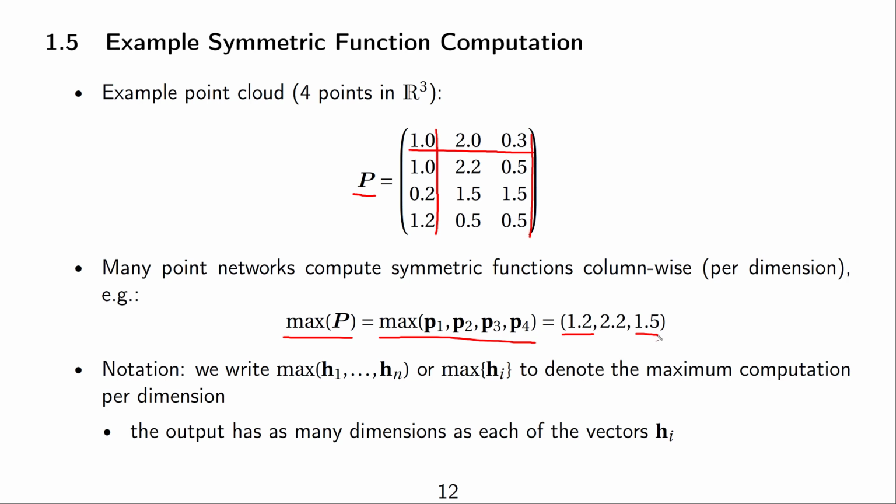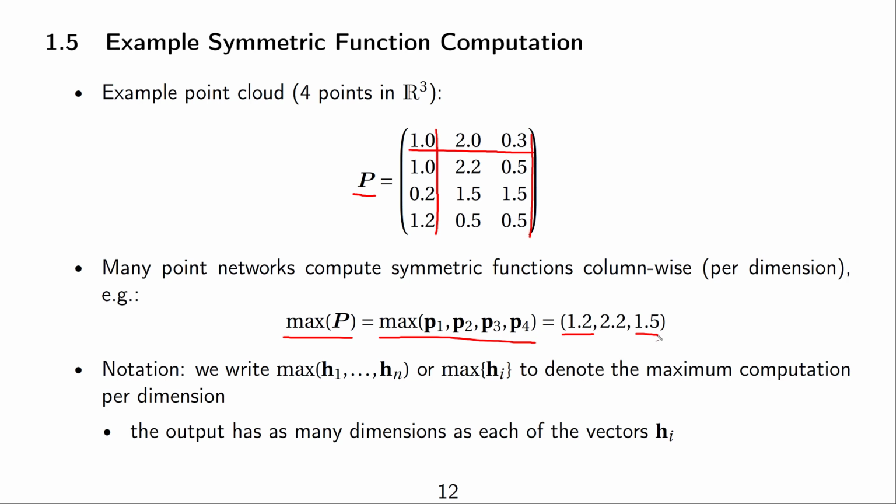So the maximum of a set of points has as many components as the points had dimensions. That means the number of components that you get is independent of the number of points. Therefore, it would be even possible to use this type of network with a variable number of points.